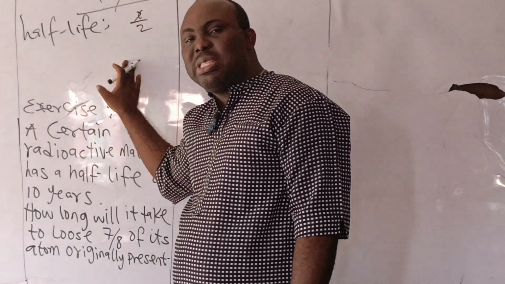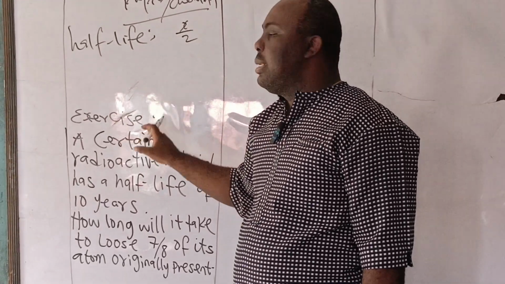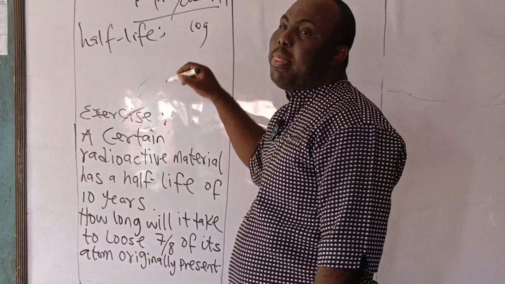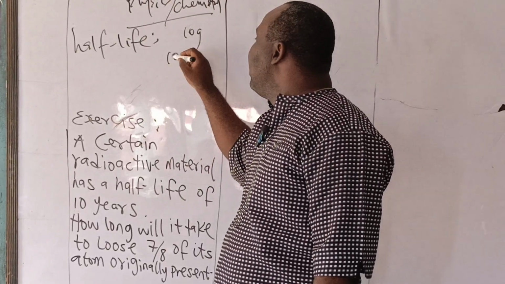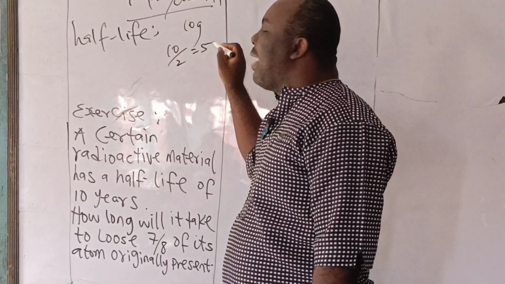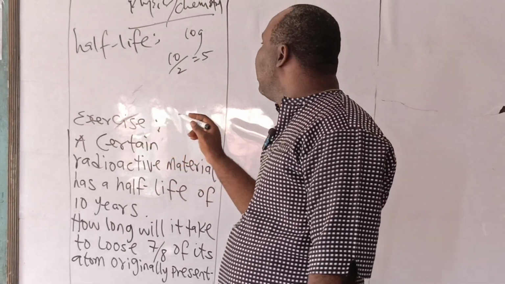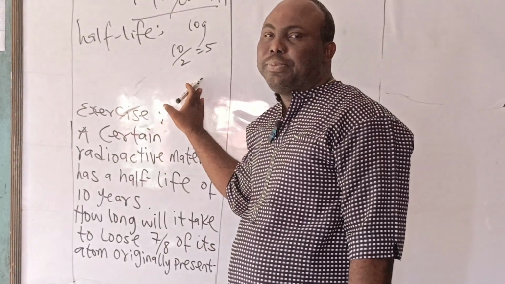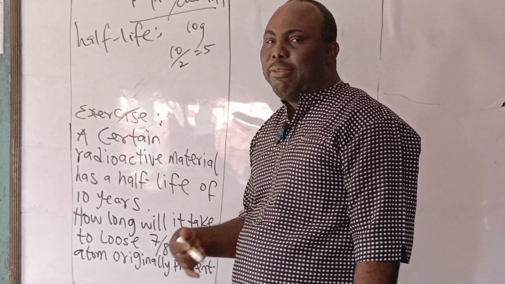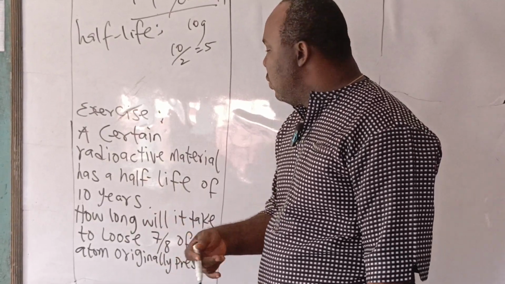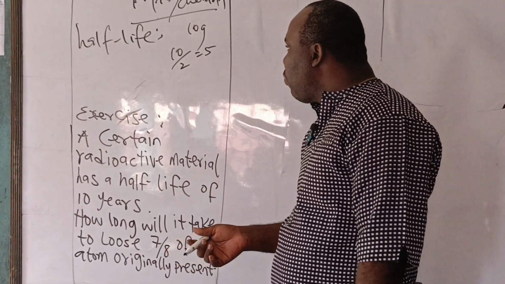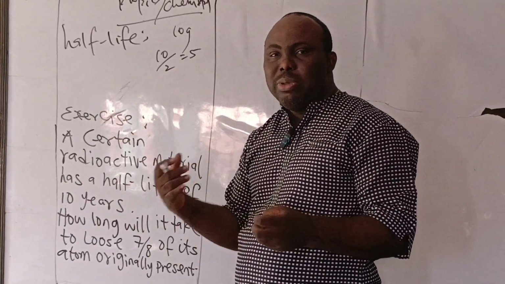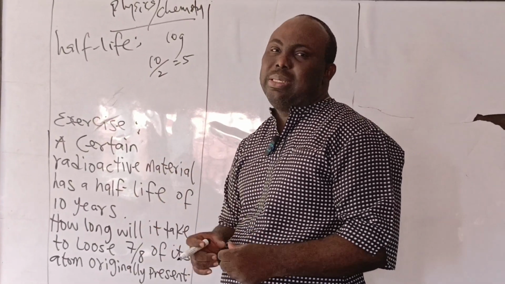So if the mass, for example, is 10 gram, half of 10 gram is 5 gram. If half of it decays, the one that's remaining is 5 gram. So that is half-life, a phenomenon we always get in nuclear chemistry and physics.